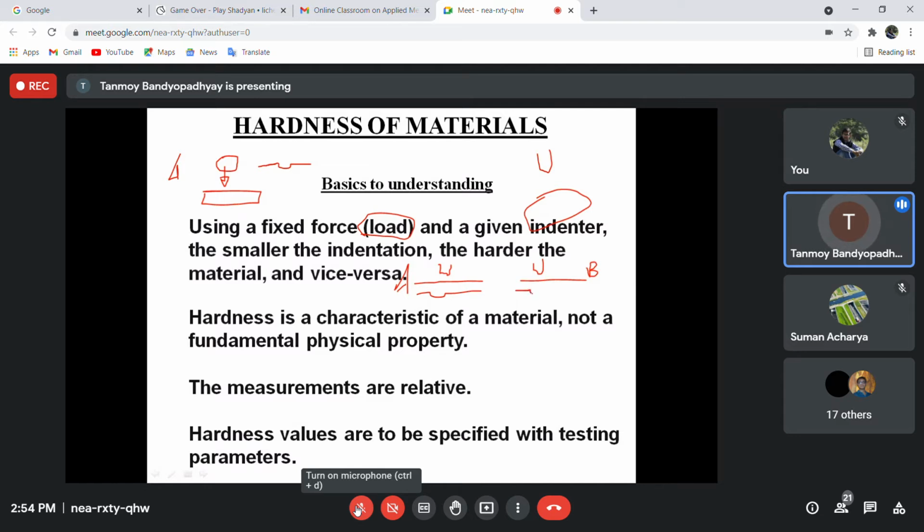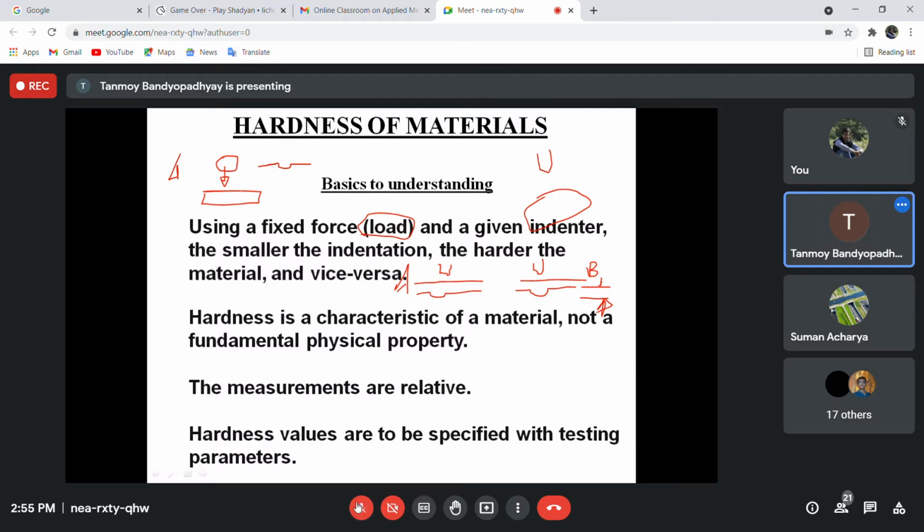If this was my original surface, and this is the indentation depth, and I measure it, the specimen that has higher hardness will experience lower indentation depth, and similarly the specimen that has lower hardness will have higher indentation depth.